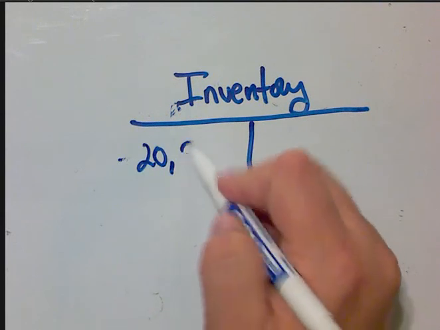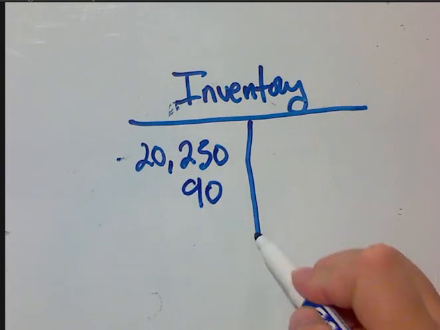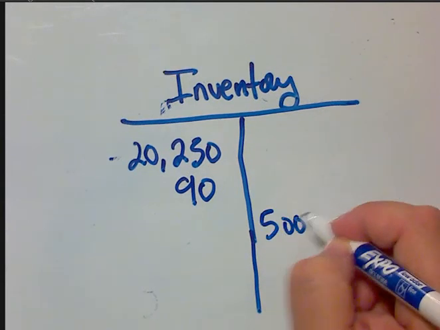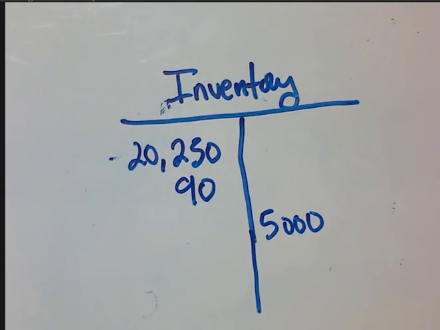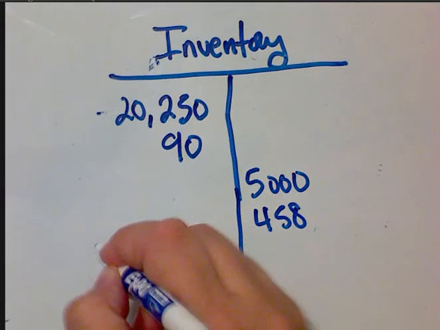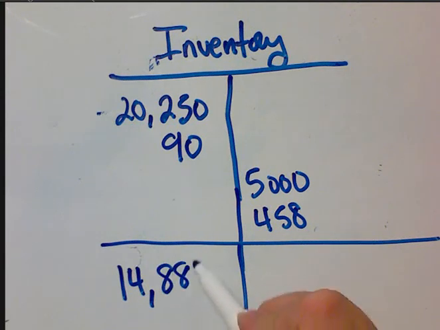That was our initial purchase. Then we paid for freight for $90. Then we returned merchandise for $5,000. And then we took a cash discount of $458. So if we were to calculate the balance of this account, that would give us our cost of inventory, and it's $14,882 is our cost of inventory in 5-3.